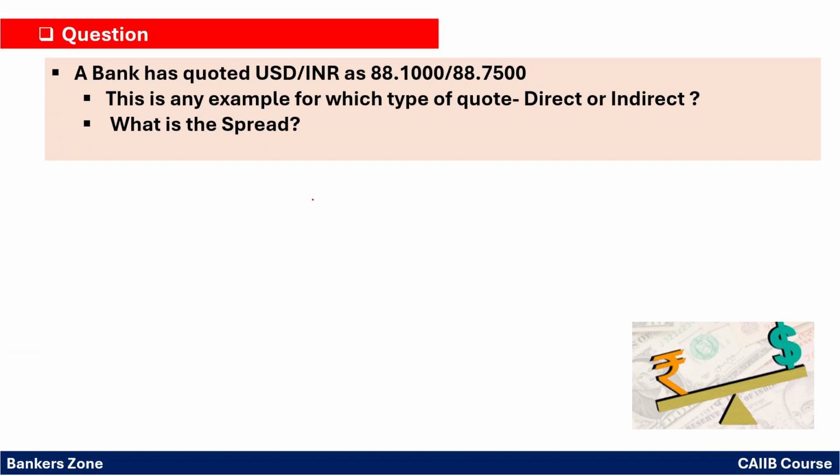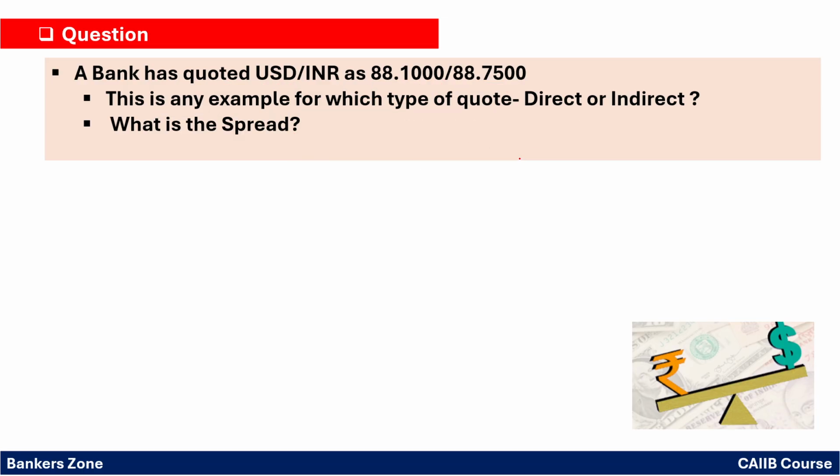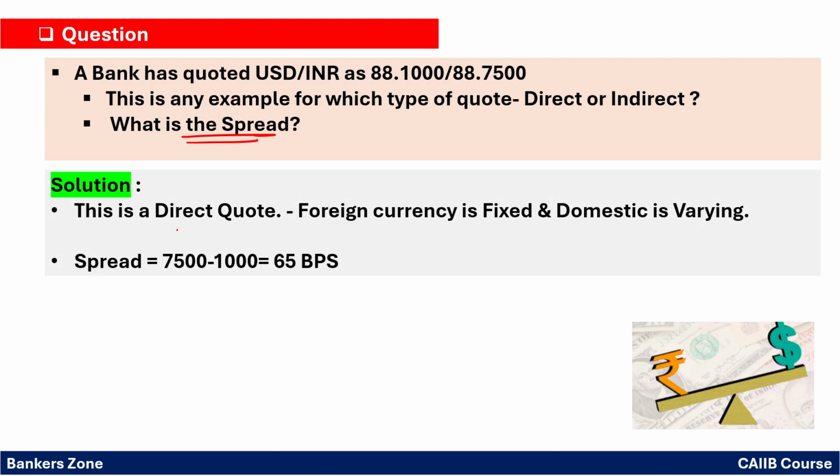Okay. Now see the question. A bank has quoted USD INR as 88.1 and 88.75. So in this example, which type of quotation is it, direct or indirect? So see, when the foreign currency is fixed and the Indian currency is variable, at that time we can say that it is the direct quotation, right? So the answer is direct quotation. Now what is the spread? Simply see, 88 is common, so simply ignore that.